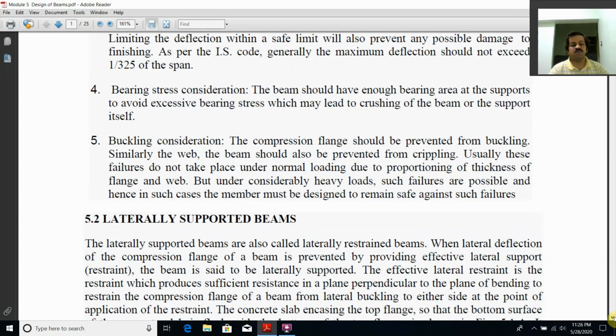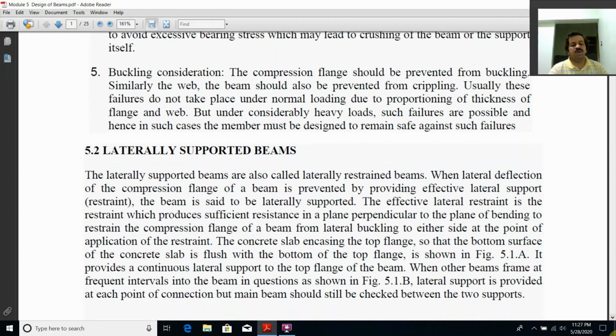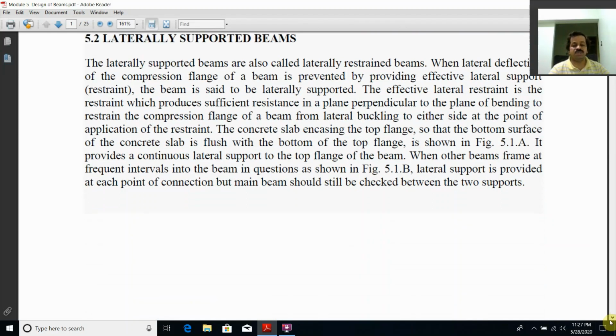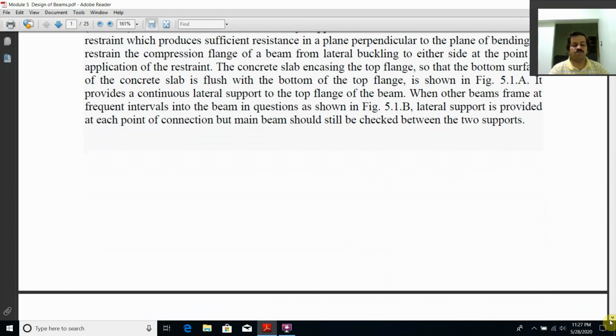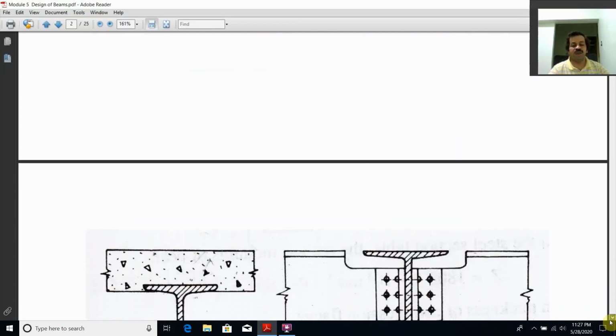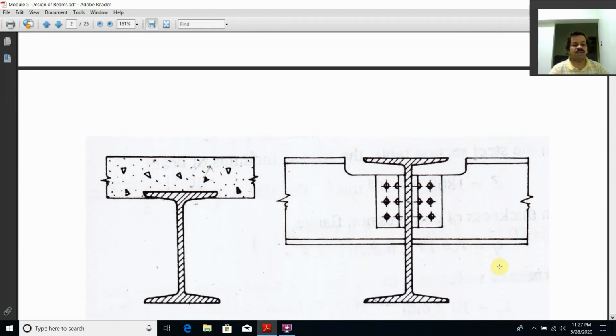Now we shall try to understand what is meant by laterally supported beams. If the compression flange of an I section beam is embedded into the RCC slab, then you don't have any lateral deflection. Such a beam is called a laterally supported beam. Here you are seeing a pictorial representation of an I section with a compression flange embedded into the RCC slab.